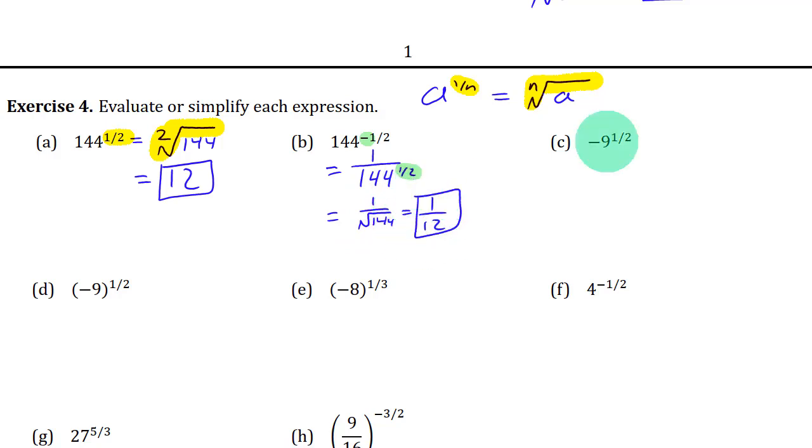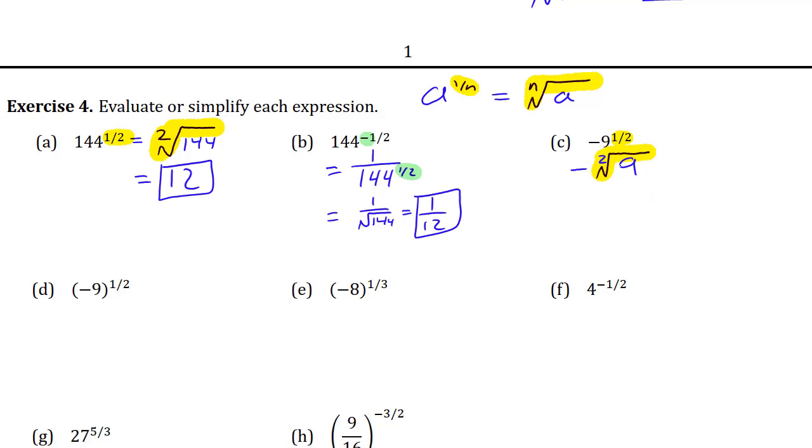All right, negative 9 to the 1 half, that means negative the square root of 9. And the order of operations, you might be thinking, why is the negative on the outside instead of on the inside?